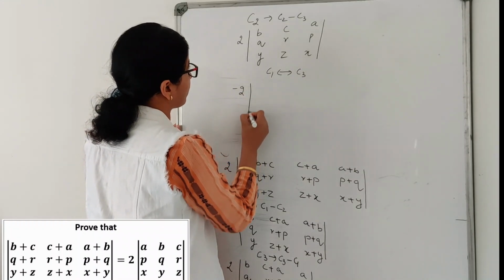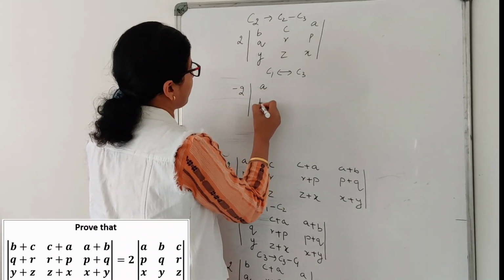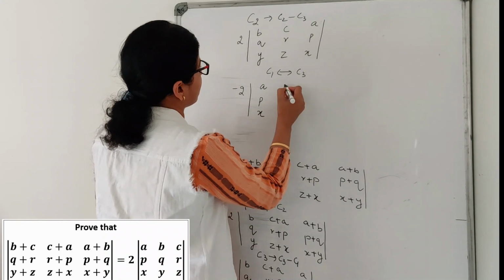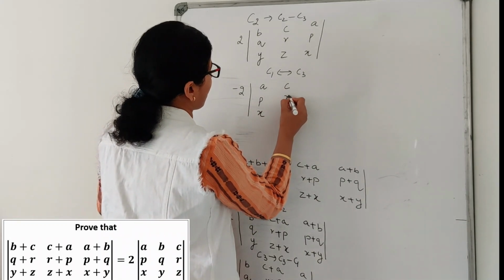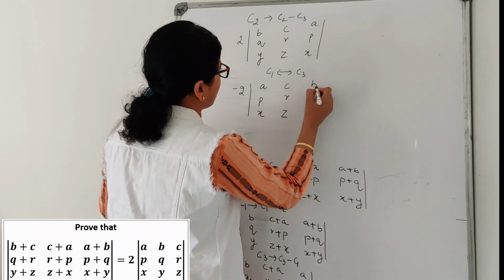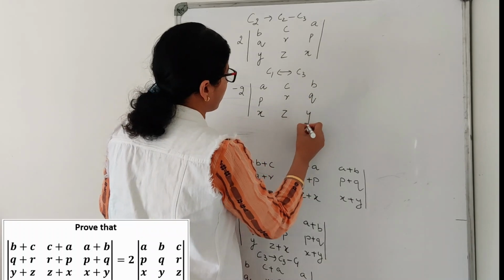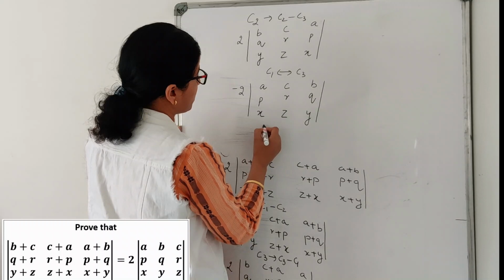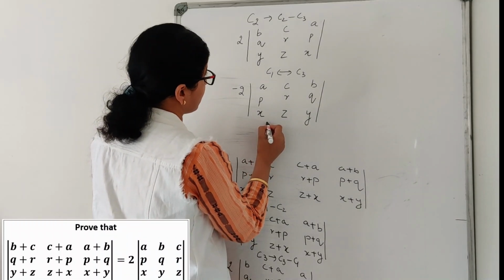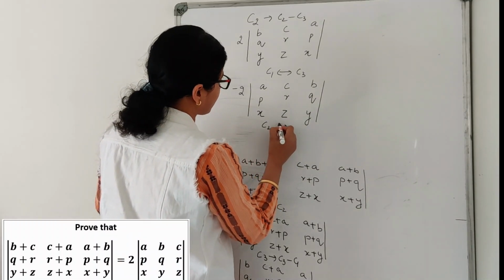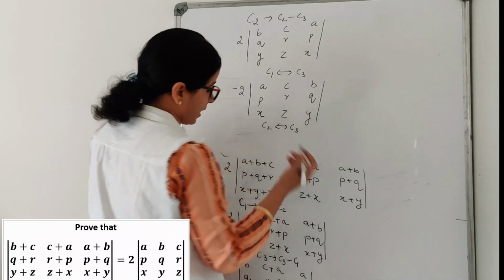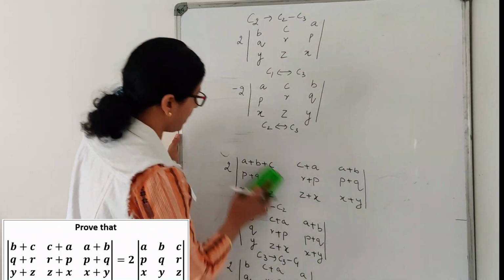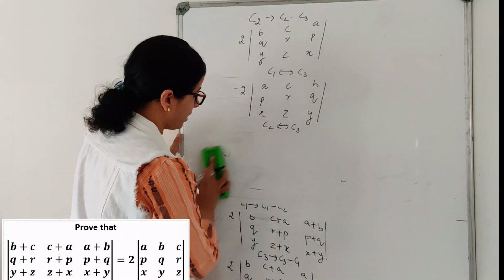Minus 2, A, P, X, C, R, Z, B, Q, Y. Now again, these two columns will be interchanged, meaning C2 is interchanged with C3 and C3 with C2.